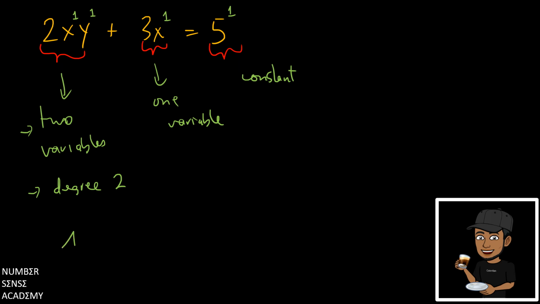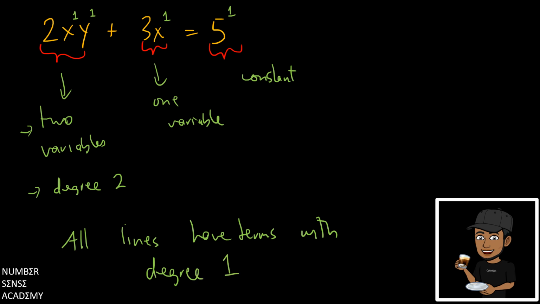All lines have terms with degree 1. And degree 1 just means the total number of exponents that's attached to each term. All right, so that's good there.